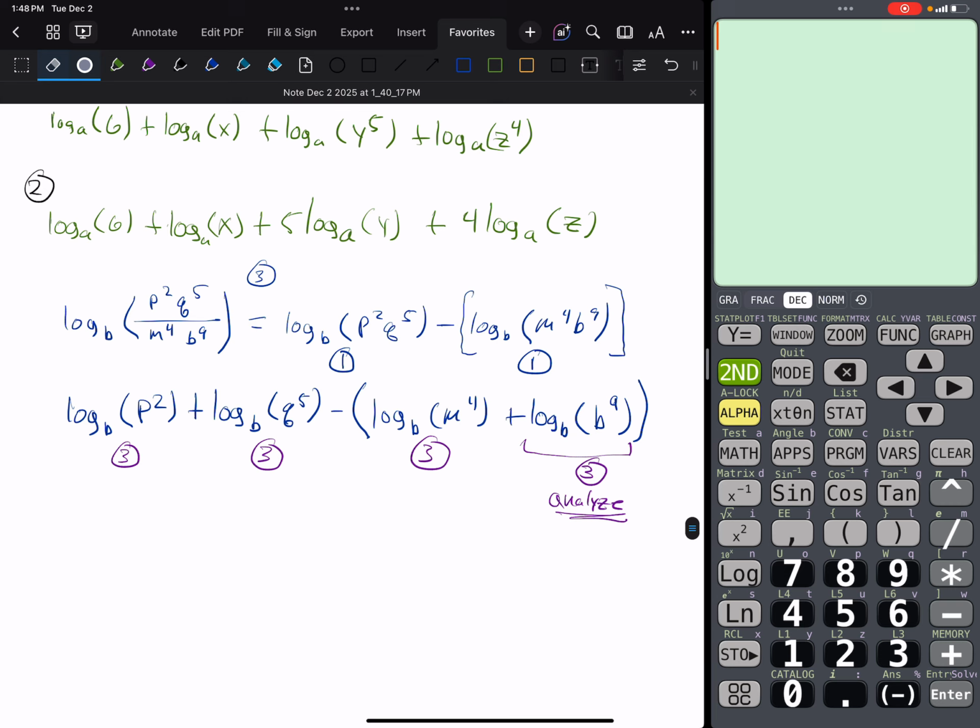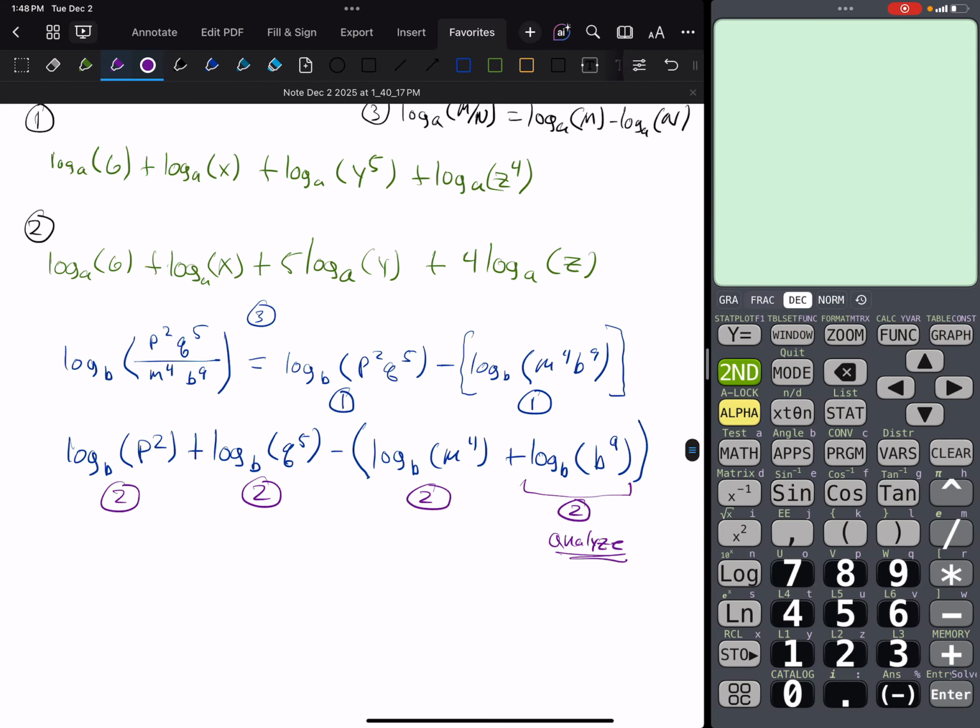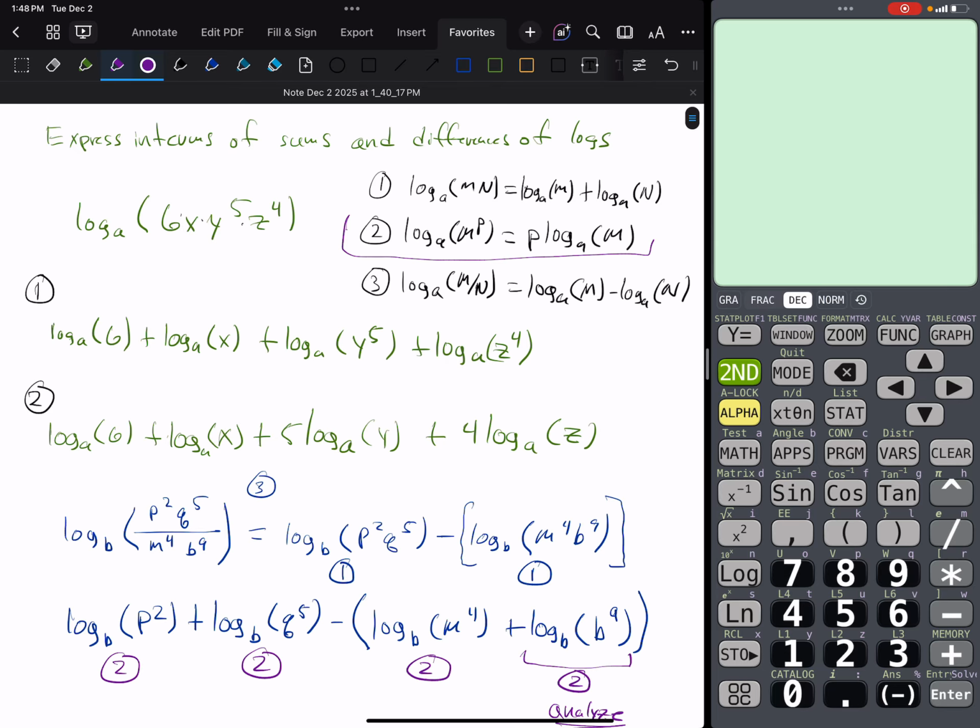I labeled the rest of them correctly, but this is the second rule that I want to use, the way I labeled them earlier, because I'm using this idea that I can take the exponent and I can turn that exponent into a coefficient.